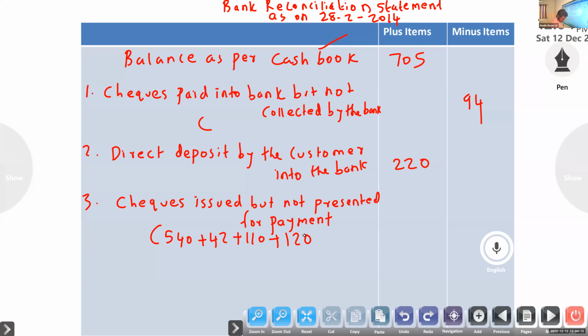Okay, so this is check issued but not presented for payment. Check issued, cash book decrease, so plus.